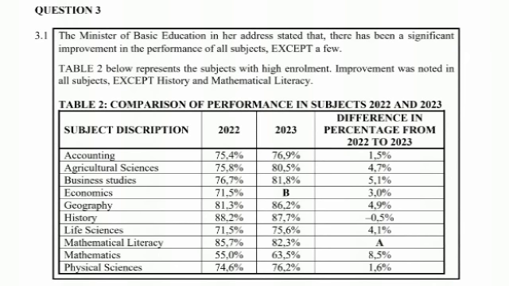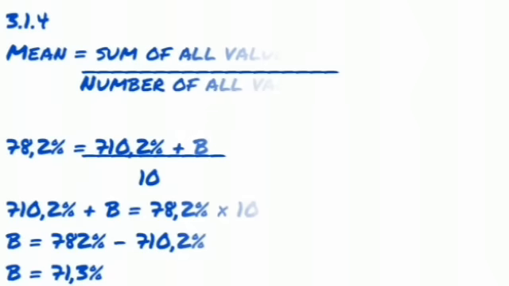But I don't have B, so I'm trying to use that same formula that says the sum of all values over the number of values is going to give me my mean. So when I substitute, the mean has already been given to me. It's 78.2%. It is equal to everything else that I add together, which gives me 710.2 plus B, because I don't know what the value of B is.